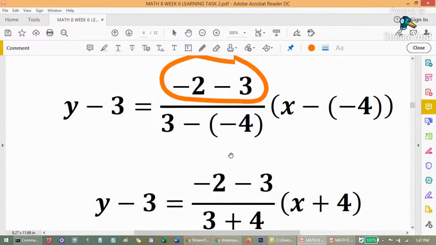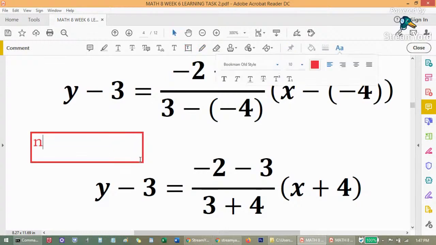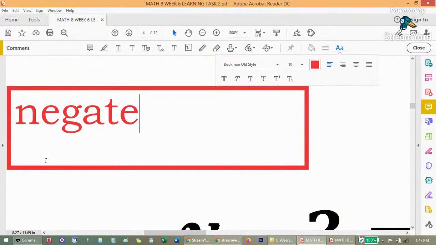Ang ginawa lang natin dito is itong negative, may negative 4. So negative times negative ay magiging positive 4. No? Kasi because this minus sign will negate. Okay?